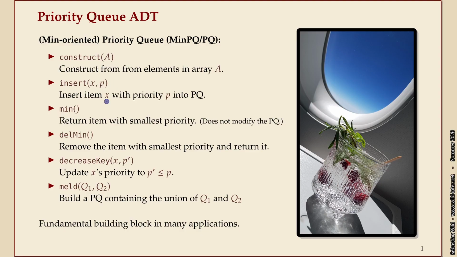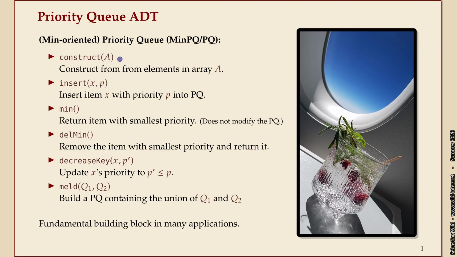I'm formally distinguishing between the element that we insert and its priority. For the data structure, it will not make a big difference. Maybe I'm sometimes just saying priority is the entire object. You know how to represent this in object-oriented ways. That's not the big deal.